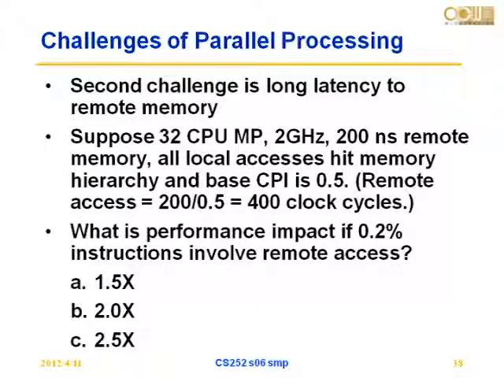Suppose a 32 CPU multiprocessor at 2 gigahertz, 200 nanosecond remote memory access, all local accesses hit the memory hierarchy, and the base cycles per instruction is 0.5. So remote access is 400 clock cycles. What is the performance impact if 0.2% of instructions involve remote accesses?